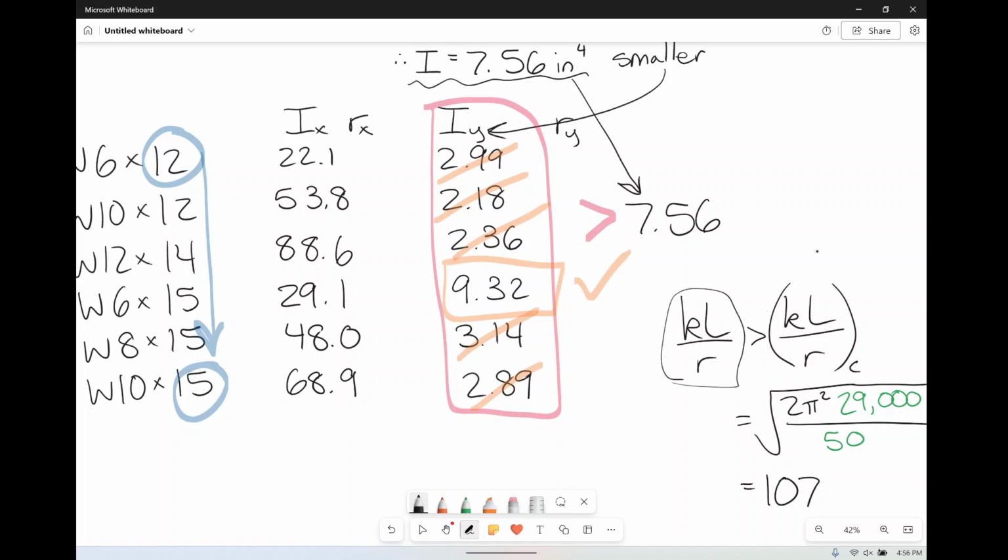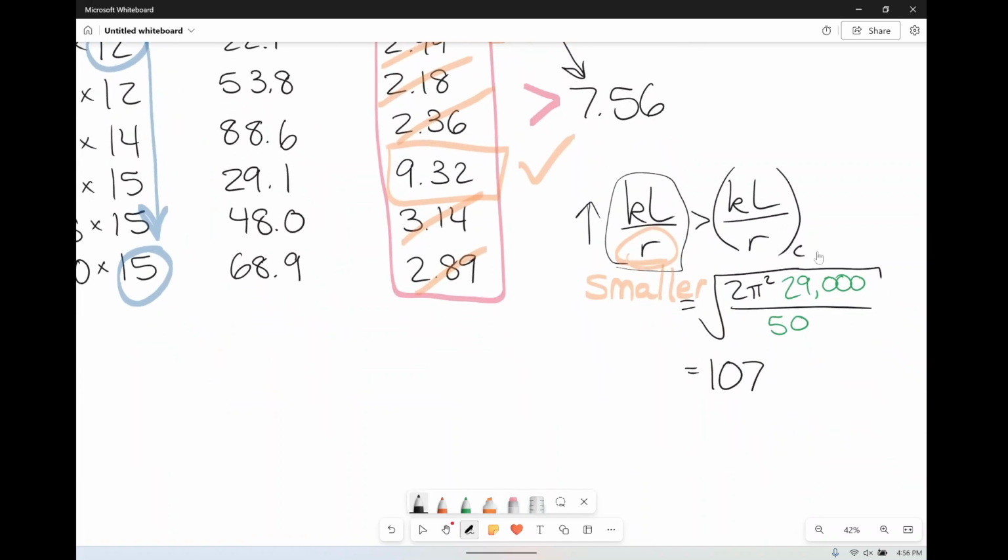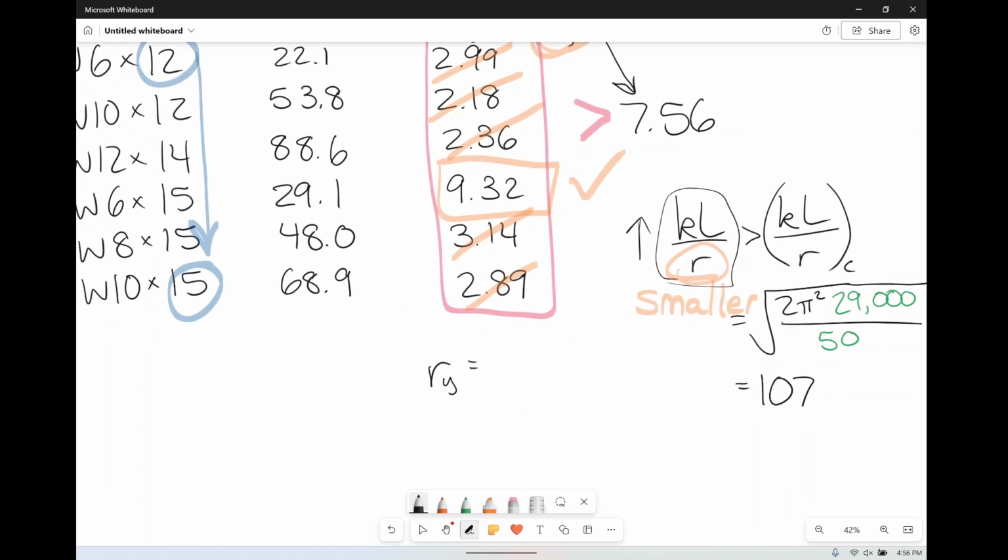More slender means that this has to be a big number. To have a big number, that means that r has to be smaller, which does also mean that that's going to be ry for us. So our ry value that we're going to read for a W6x15 is going to be 1.45.